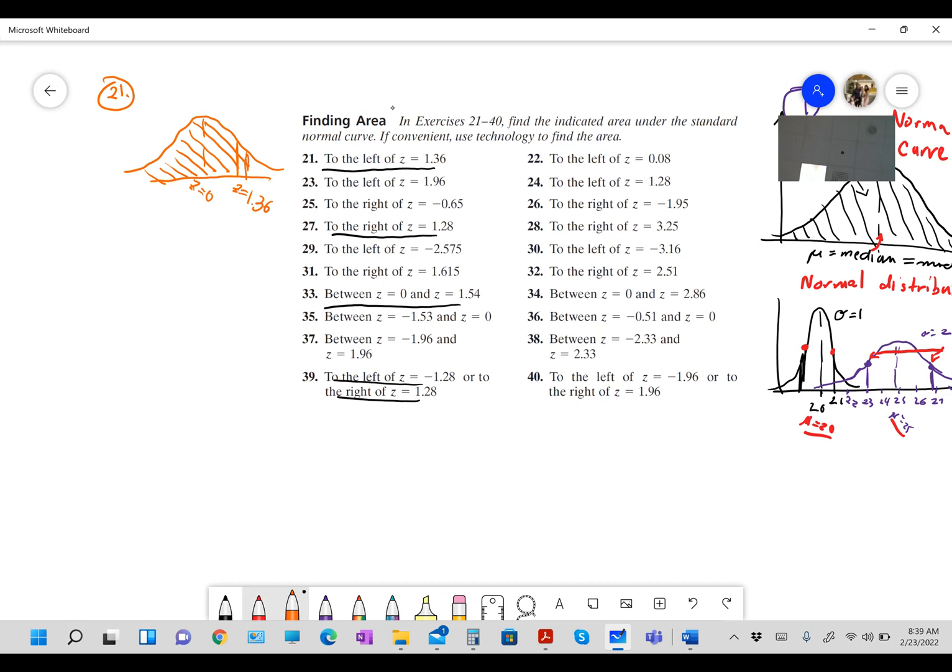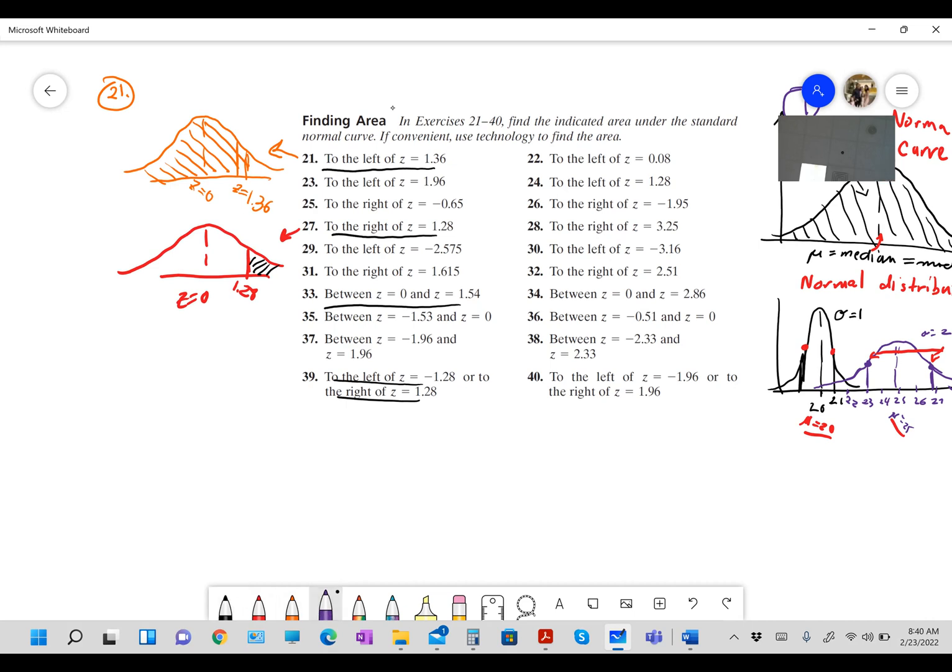For number 27, the situation is to the right of 1.28. So first you locate where 1.28 is, around here, and it's to the right. They want this piece here.